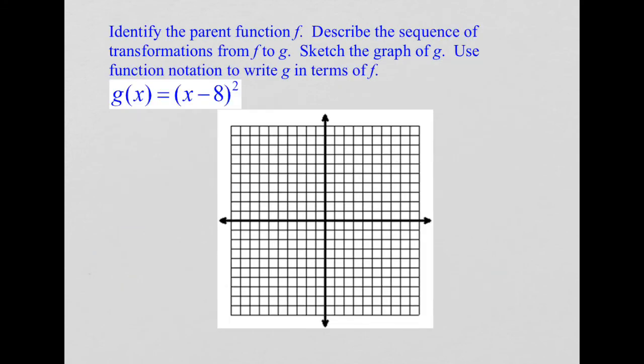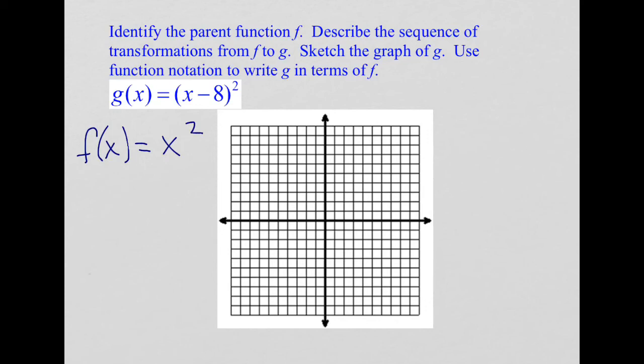Identify the parent function f, describe the sequence of transformations from f to g, sketch the graph of g. Use function notation to write g in terms of f. Well, first, f of x is equal to x squared.